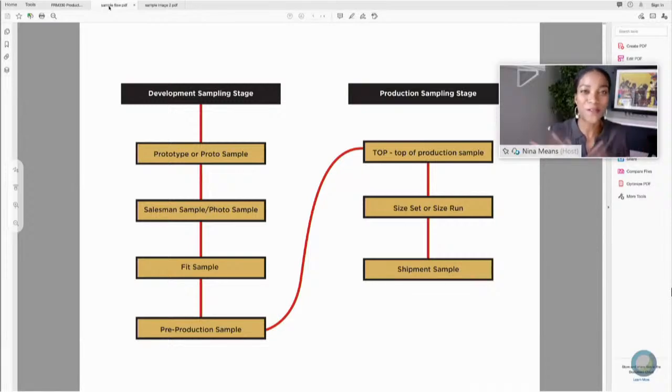All of that information is really helpful in helping you consider how popular or unpopular a style is going to be before you make a ton of product. That photo sample could be what goes on to the runway. It could be what you use for your photo shoots, as well as what you use to go to your buyer.